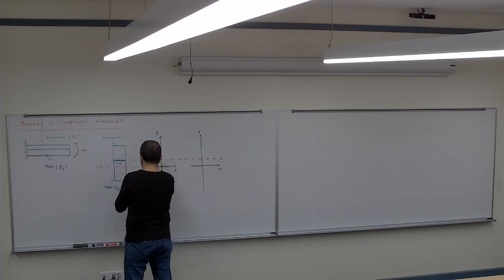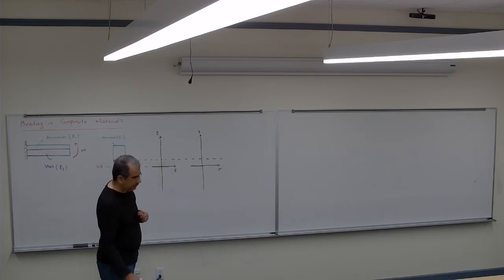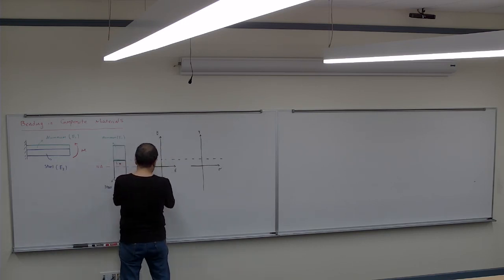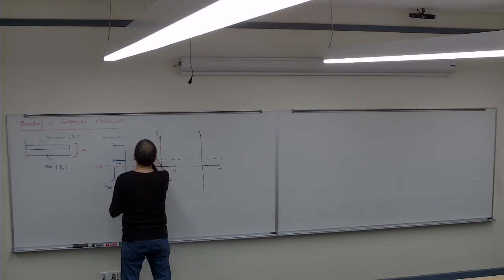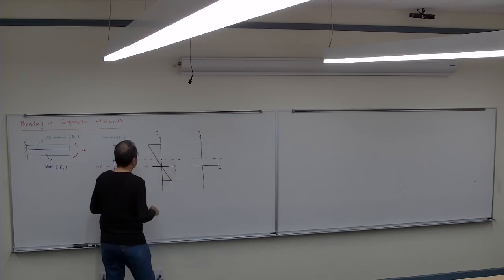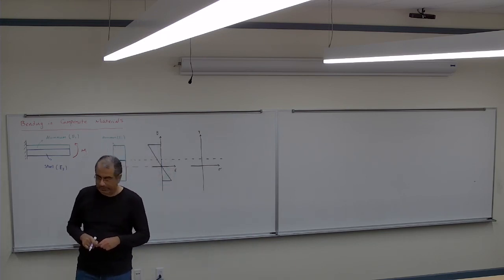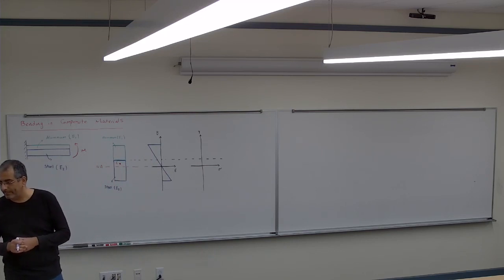So it goes from here to here, positive, and then goes to 0 at the neutral axis, and then goes back to negative here. So that's going to be our epsilon. That's how our epsilon is going to change.